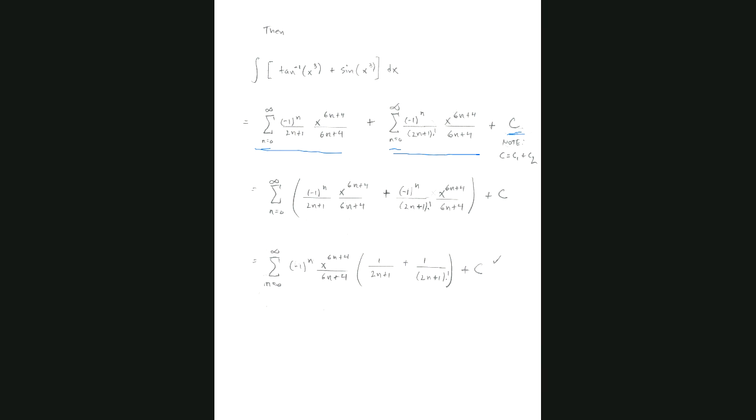You would have to make an adjustment on the indices so that they start at the same value. This is something you'll be doing in problems involving power series solutions for differential equations, which are very important. But for now, we just combine.